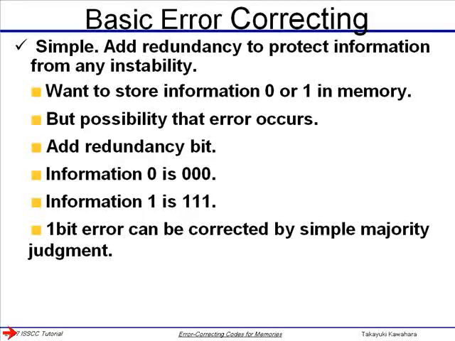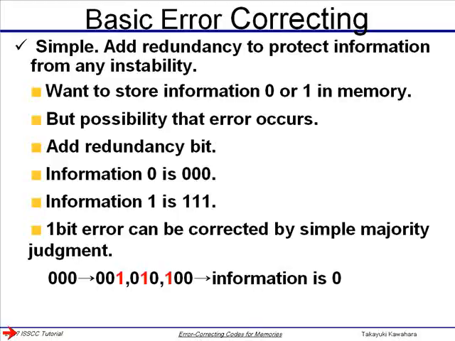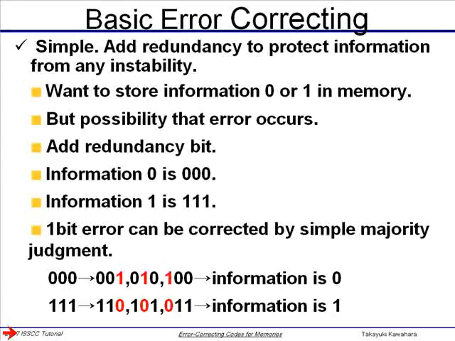So if a 1 bit error occurs, by the majority judgment this is 0. If a 1 bit error occurs here, by the majority judgment that is 1. This is very easy, but this is the principle of error correcting at all.